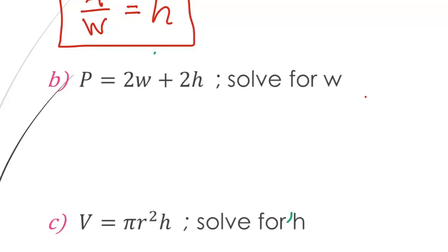I want to solve for W. I want to get that W by itself. I've got this extra stuff, 2H. So, Andrew, how would I solve for W here? What should I do first? Okay, and how do I do that mathematically?